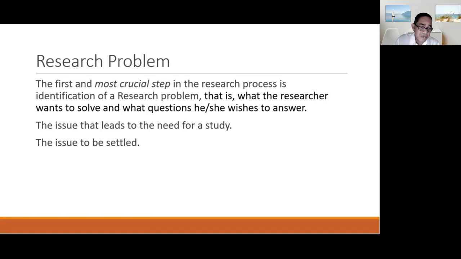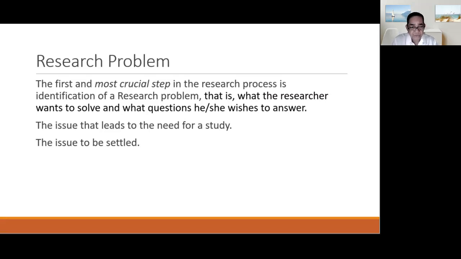But I would like to believe that the research question should begin with the research problem. You cannot ask a research question without a research problem. And that is why I said that the research problem is the first and the most crucial step in that process.